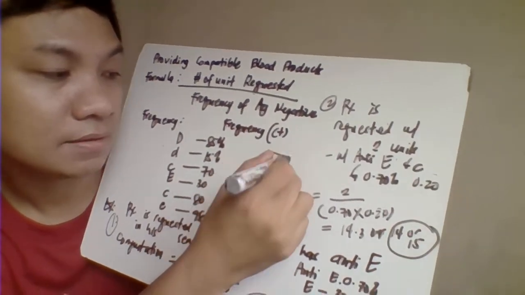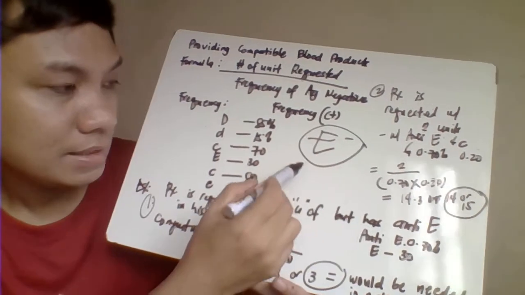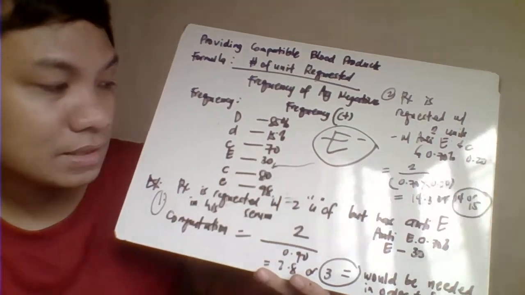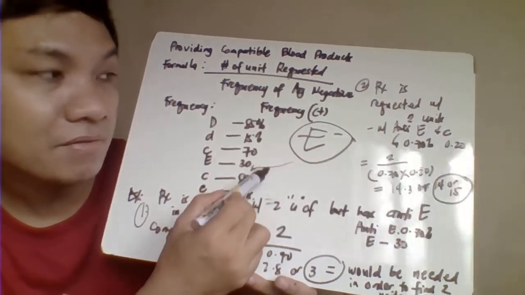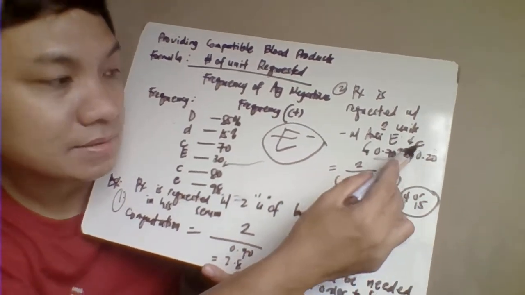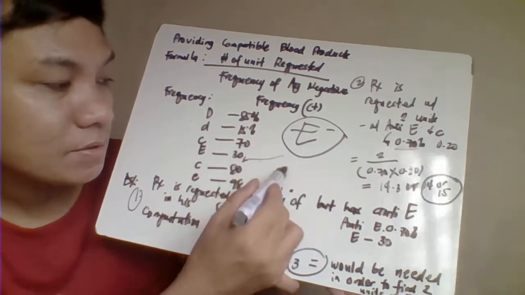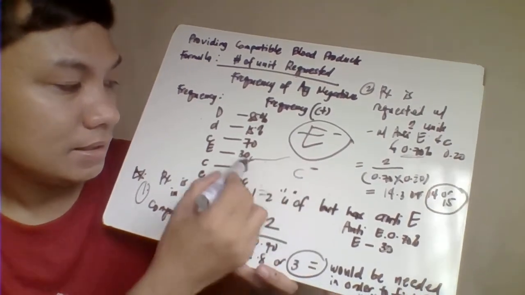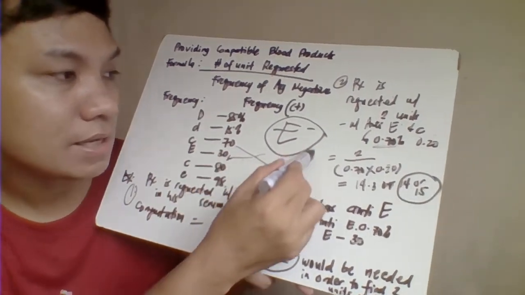Ang frequency nito is the remaining, so that's 70%. Decimal of that becomes 0.70. On the other hand, ito naman may anti-C.